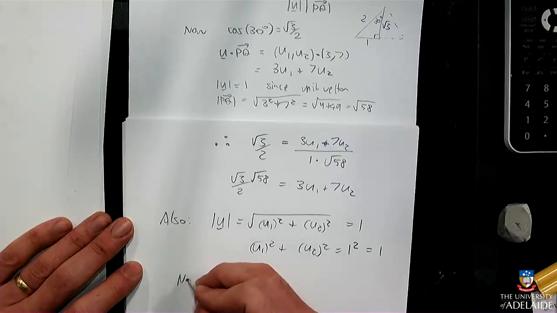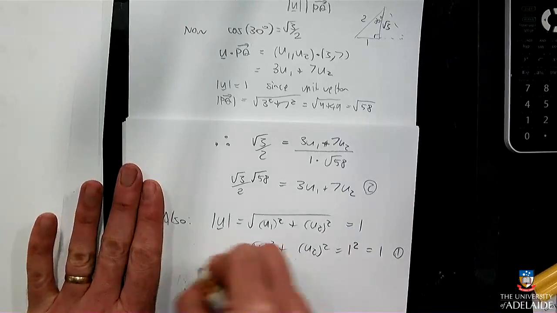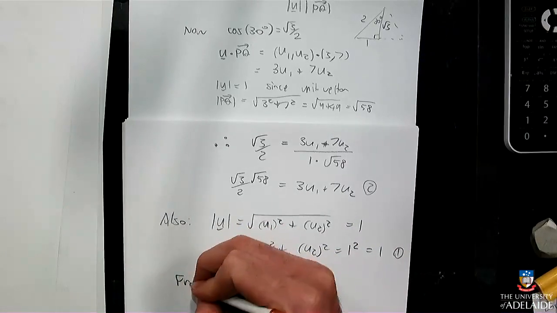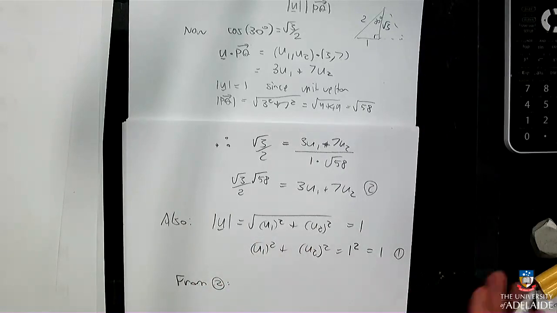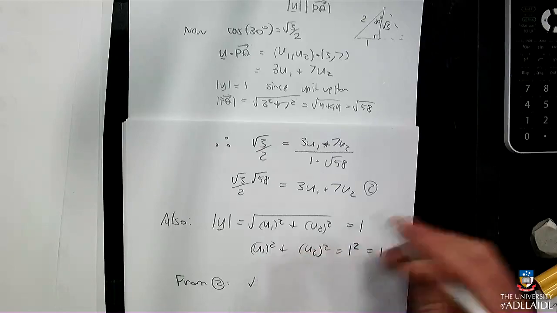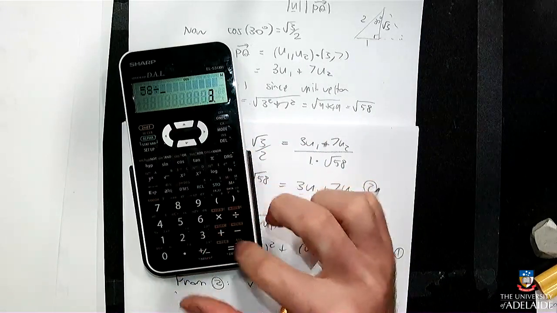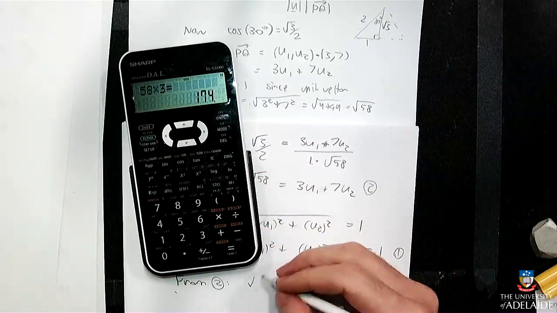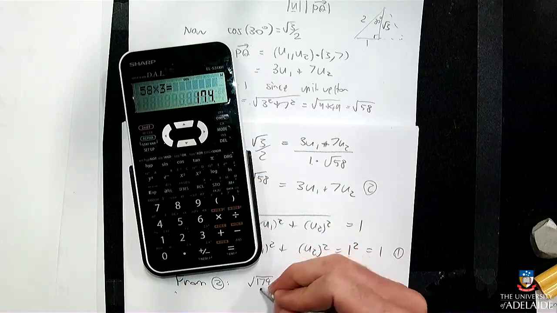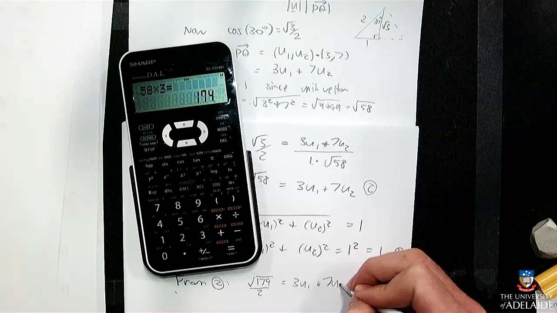Okay, so now let's give this a number and this a number. So from number 2, I've got that root 174 over 2 is 3u1 plus 7u2.